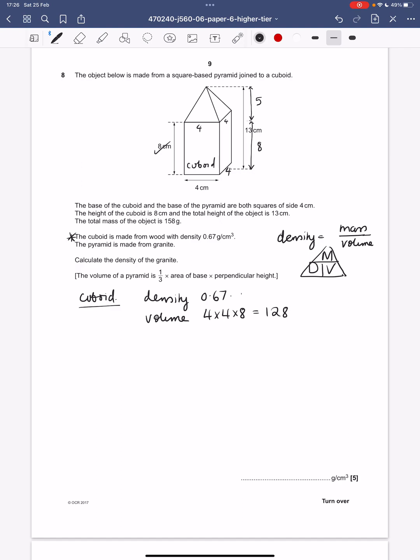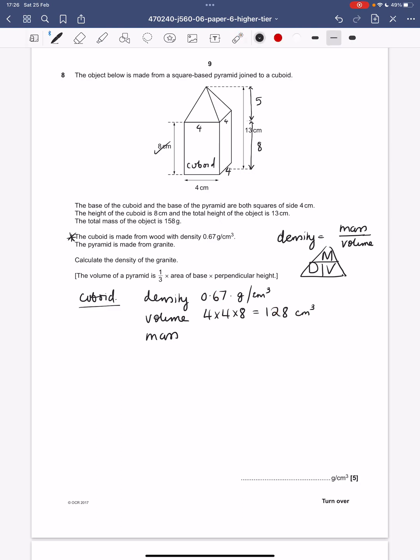Okay, this is grams per centimetres cubed. So this is centimetres cubed. So this means that every centimetre cubed of this wood that's made the cuboid weighs 0.67 of a gram. And so because we've got 128 centimetres cubed, we've got to do that times that.